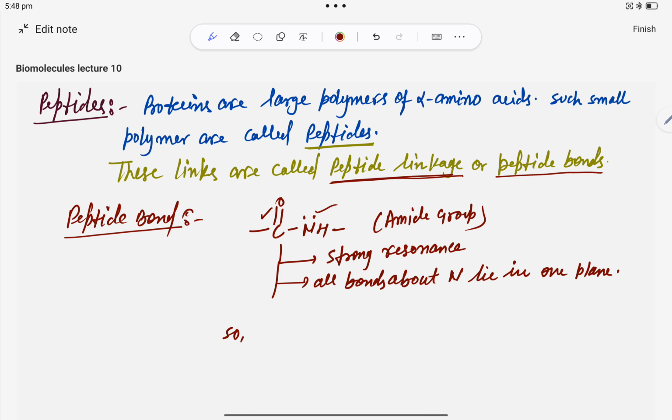So the alpha amino acids have to form a linkage.